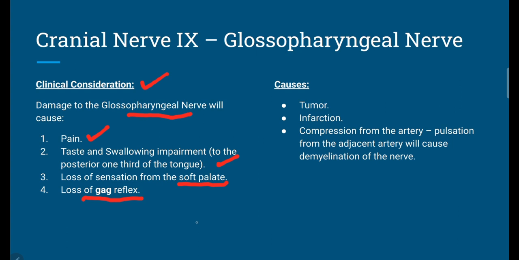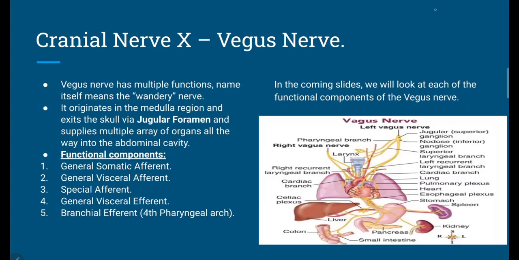So when you do a physical examination on a patient and the gag reflex is impaired, imagine that the glossopharyngeal nerve is damaged somewhere. What are the causes? Tumor, of course, that's the most common one. We have infarction. Then we have compression from a neighboring artery. The pulsation from the adjacent artery will cause demyelination of the glossopharyngeal nerve.